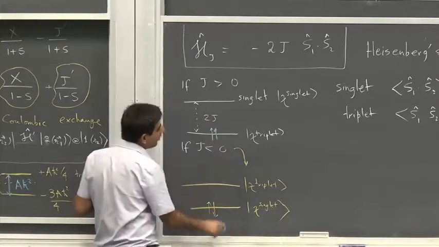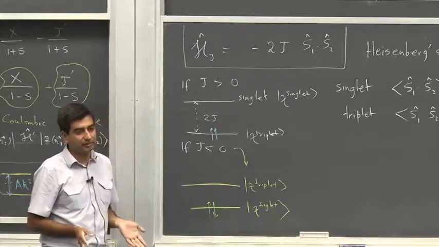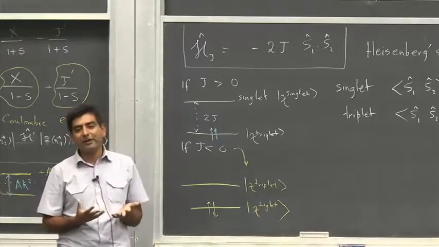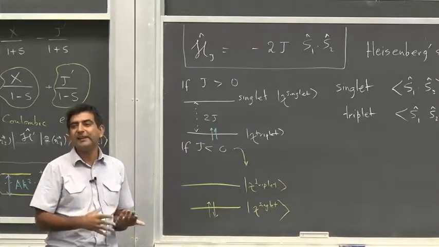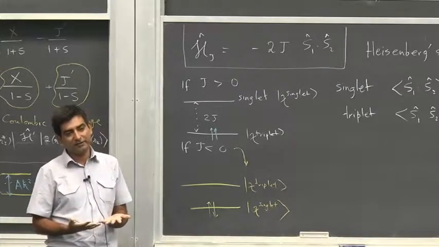So depending upon the sign of J, you can have ferromagnetic ordering or anti-ferromagnetic ordering. And by the way, ferromagnetic ordering is not the norm, it's the exception. Generally the norm is anti-ferromagnetic ordering.